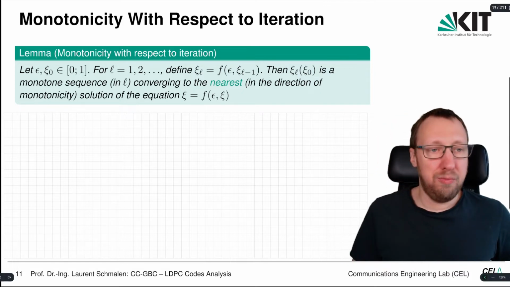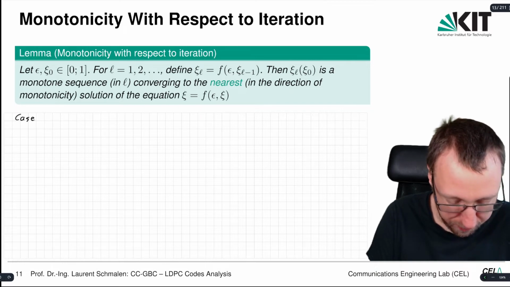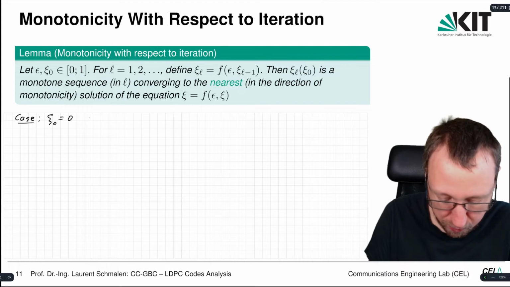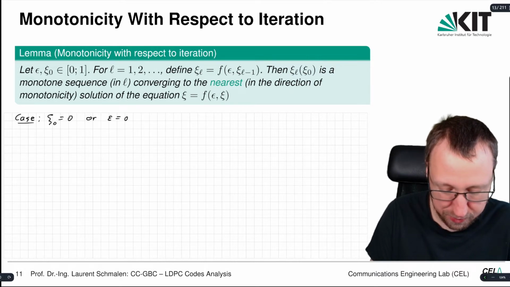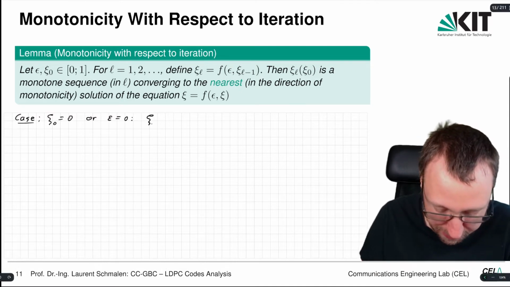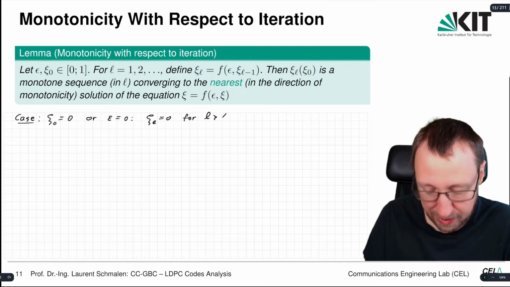So let's prove this. We start with the first simple case: C0 is equal to 0, or epsilon is equal to 0. That's easy, because then CL is equal to 0 for any L larger than 1.